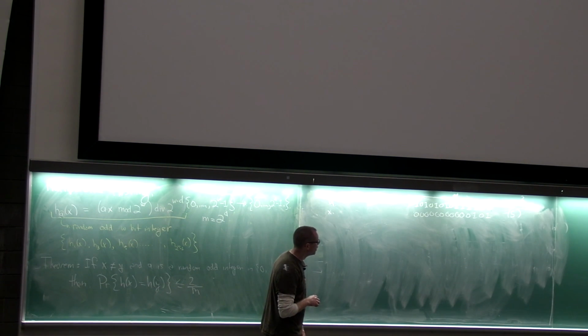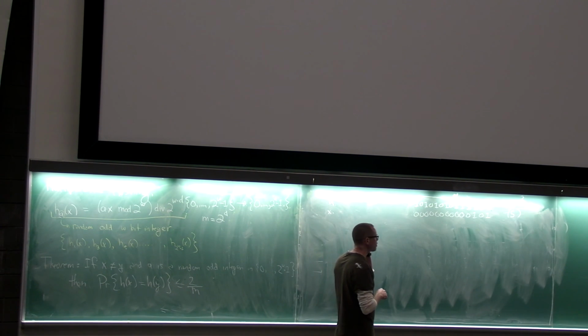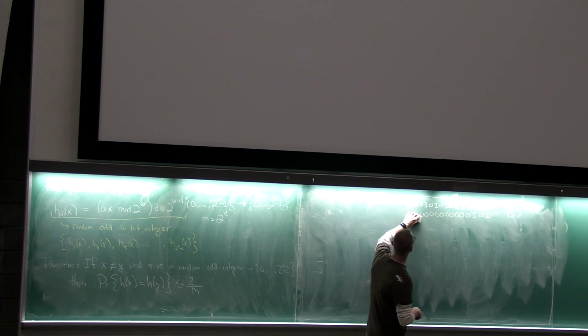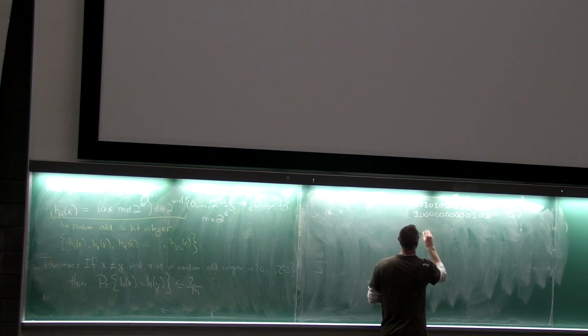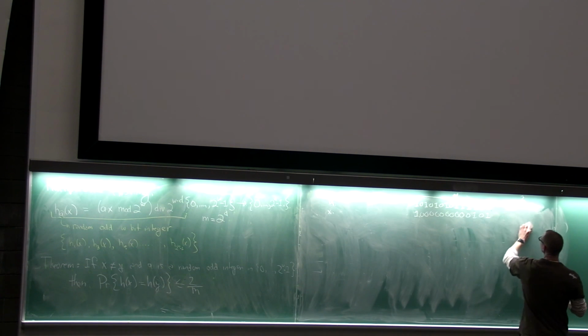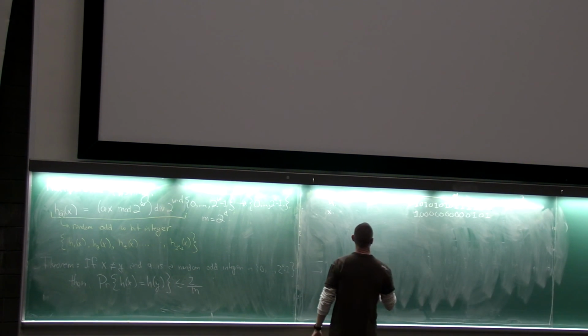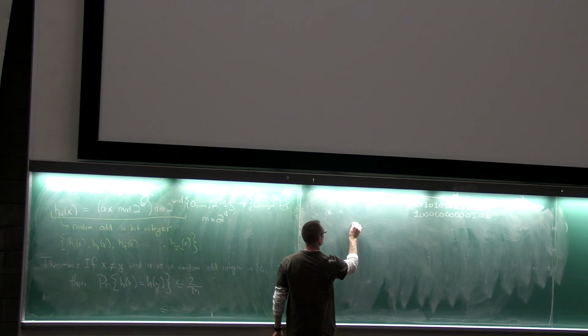So you need twice the number of bits to hold the result of this multiplication. In this case, it won't be so much because there are so many zeros here. So let's make it a little more interesting. We'll put a 1 there. You multiply these two numbers, and you get a huge number.